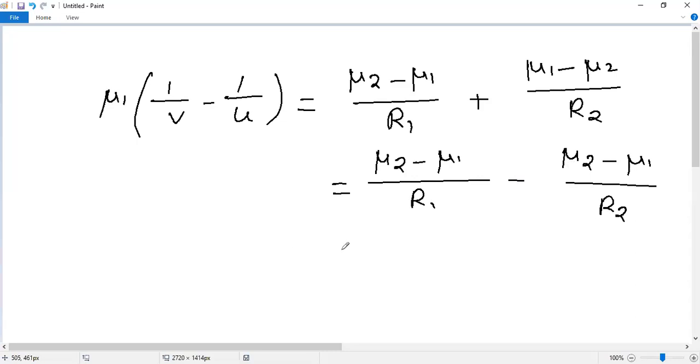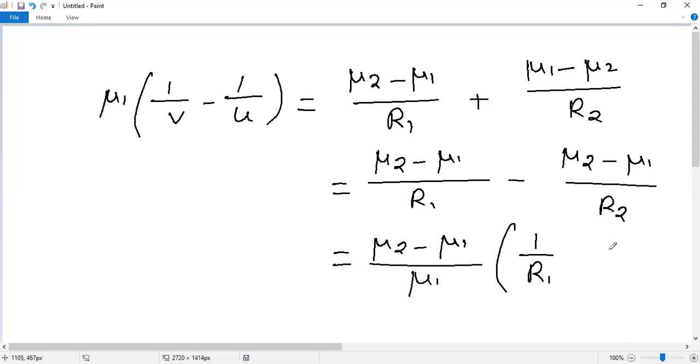The next step, mu2 minus mu1, in this mu1 also, divided by mu1 into 1 by R1 minus 1 by R2. So this is 1 by V minus 1 by U. We already know very well the lens formula: 1 by V minus 1 by U is equal to 1 by F, from the lens formula.